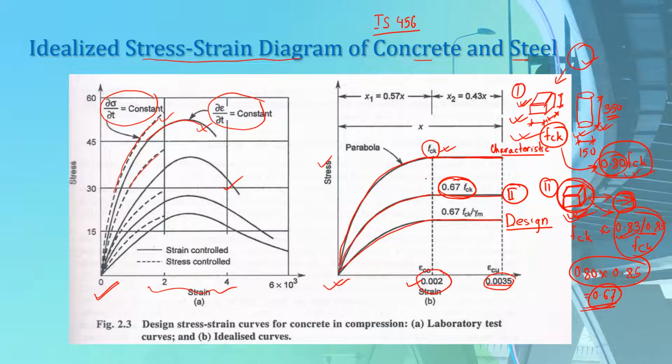And further, we know that the partial safety factor for concrete is gamma m, which is equal to 1.5. Now we have to divide this 0.67 fck by 1.5, so that this comes nearly equal to 0.45 fck. Hence this curve, which represents 0.45 fck, is our actual design curve now.